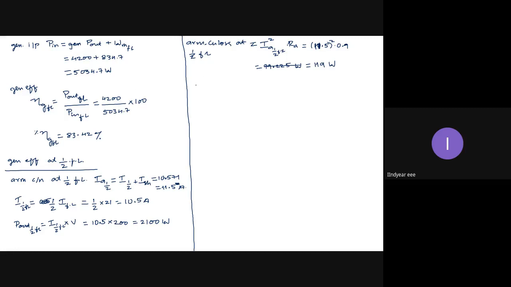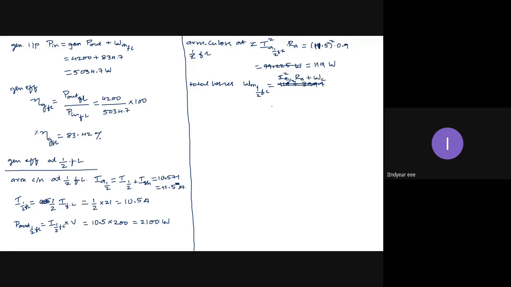Now, total losses. Total losses, WG at half the full load, is equal to, directly I will write, 119 plus 399.1. Observe, my constant losses will not change. Or for your convenience, because this is the first example, let us not be lazy in writing: IA half squared RA plus WC.